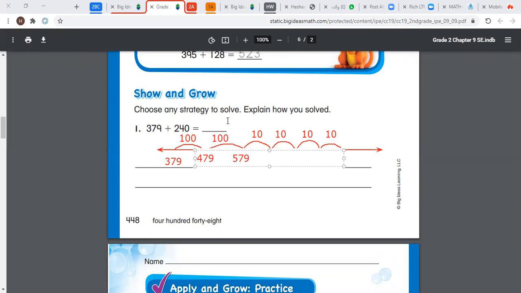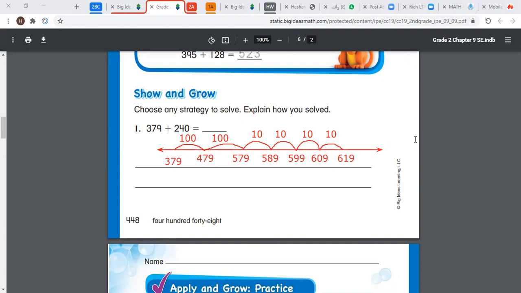Yes, that's right. Now 589 plus 10. 599. Excellent. 599 plus 10 equals what? 609. Yes, that's right. Now 609 plus 10. 619. So let's write here 619. So the answer equals 619.